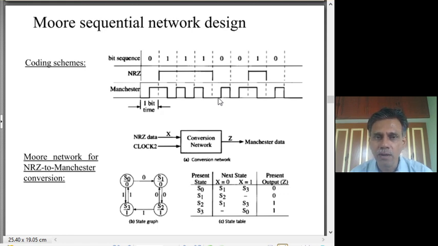You might have outputted a 0, or you might have outputted a 1. These dashed lines are the bit conversion periods. At the end of one bit conversion, when you are ready to convert the next bit, you may be in the state where you have produced a 0 or a 1.